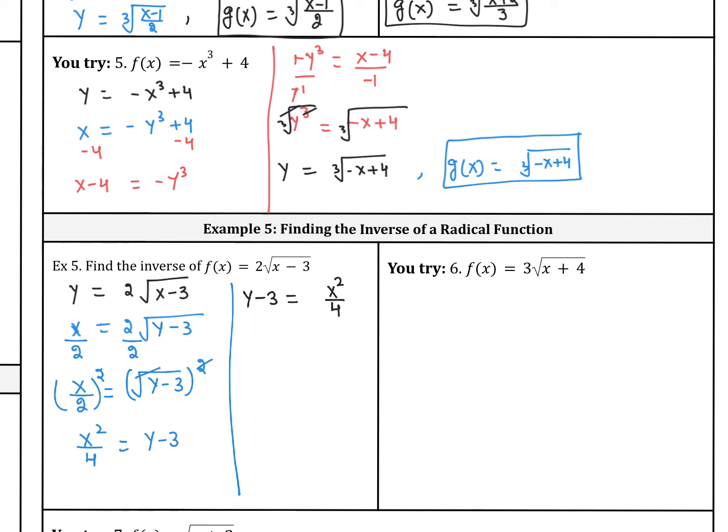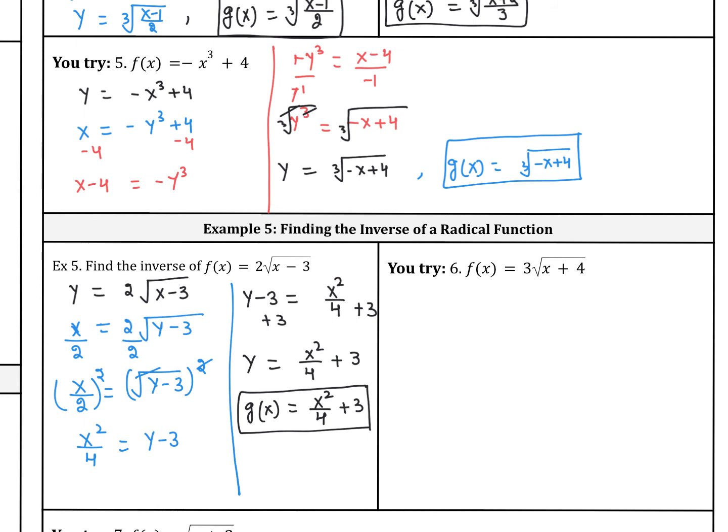You're going to solve for y. It means that you have to do one more step, that is add 3 on both sides. And then y equals x squared divided by 4 plus 3. You write it in function form, so you can just replace the y with g(x), as g(x) is the inverse of f(x). So g(x) is a function that is the inverse of the given function f(x).